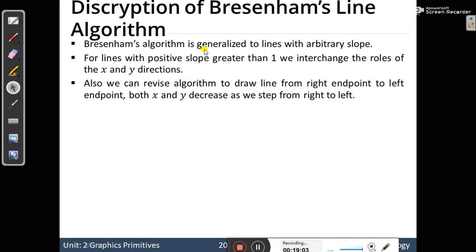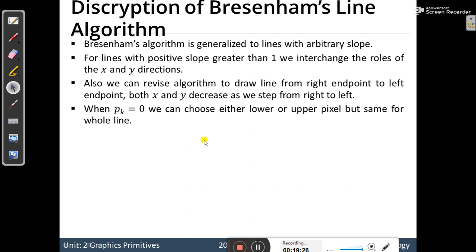The Bresenham algorithm is generalized to lines with arbitrary slope. For lines with positive slope greater than 1, we interchange the roles of the x and y directions. Also, we can reverse the algorithm to draw a line from the right endpoint to the left endpoint, where both x and y decrease as we step from right to left. The equations and calculation will be different.